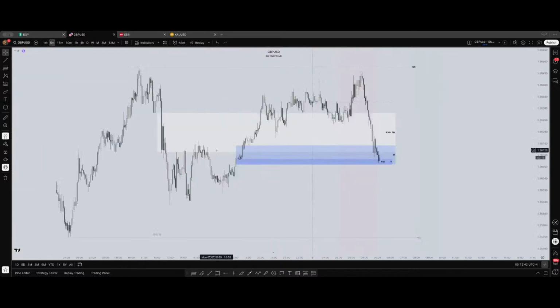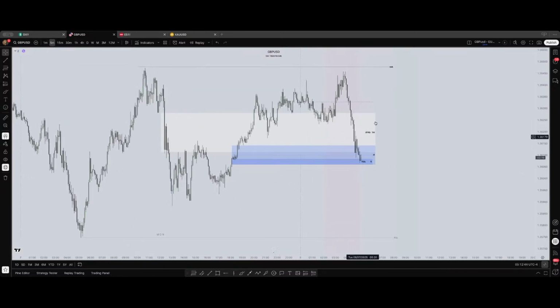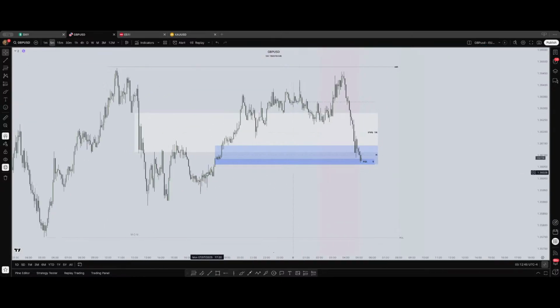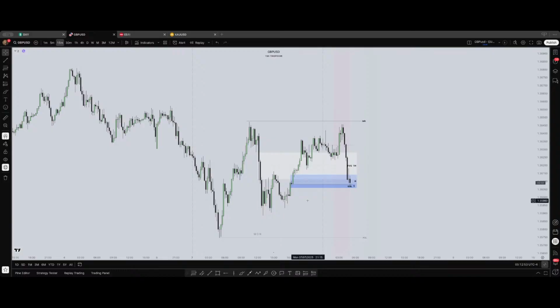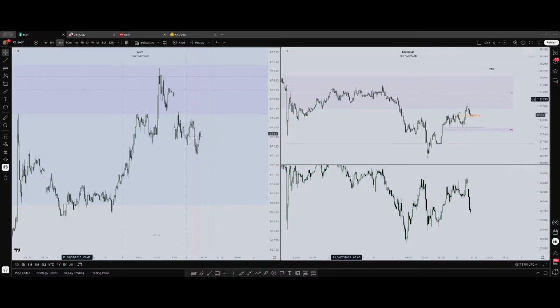So I think this is a nice opportunity to enter long. I think it matches different criteria I have. This is my opinion. As I said before, the dollar is not showing interest in going higher. EURUSD is not showing interest in going lower. The only one dropping is GBP.